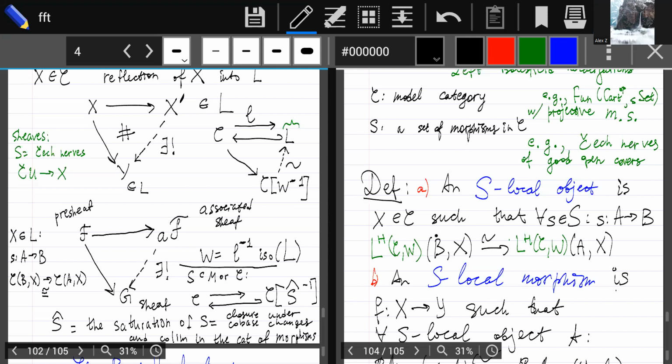Sorry, maybe a quick question. So the Hammock localization of a model category, will it be a simplicial model category? Typically, I would bet not, because you typically don't expect the Hammock localization as a simplicial category to have... Well, that's actually an interesting question, but to be honest, I don't know a precise answer right away. But I would bet that it's not a complete or cocomplete category, because there is no reason why finite limits or colimits should exist in the strict sense.